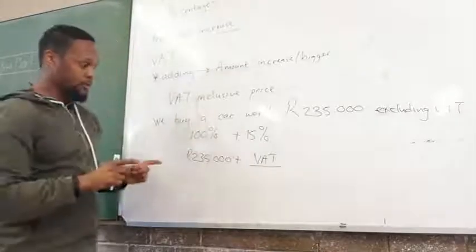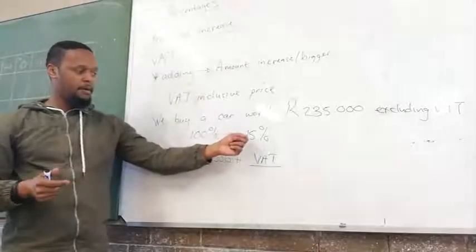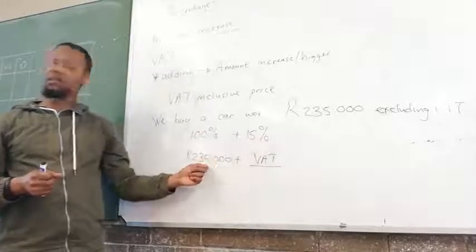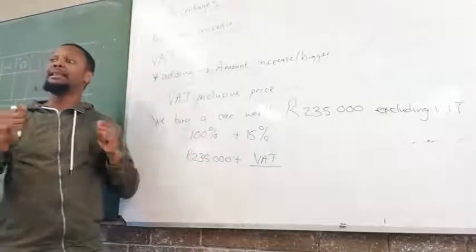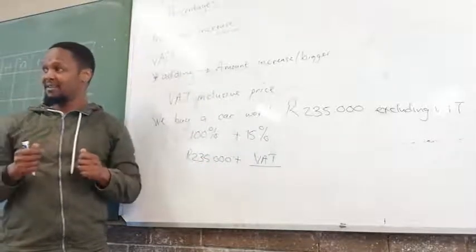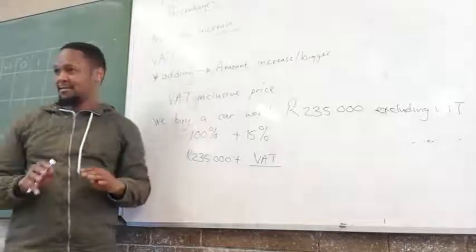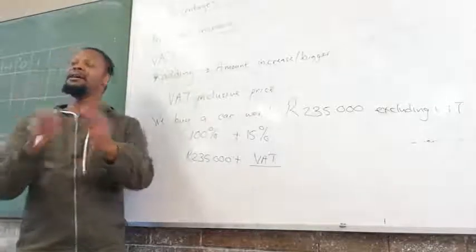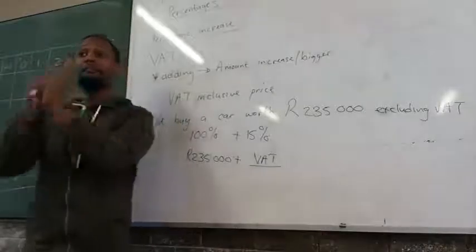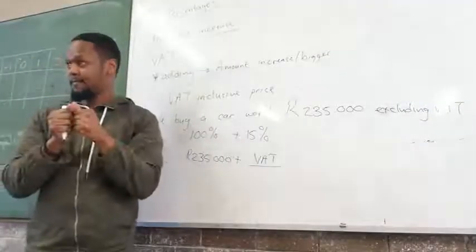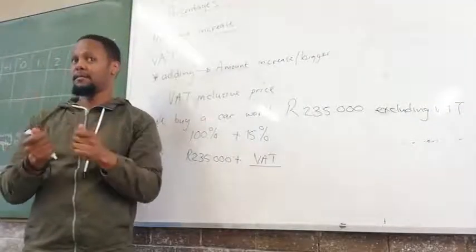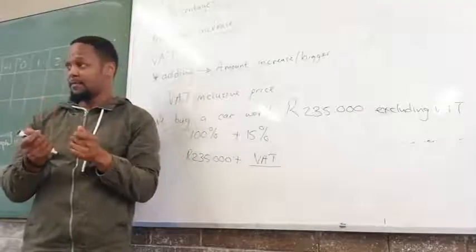Now, common misconception. People are going to say 15 plus 235. We can never, ever, ever add a percentage and money together. They are not the same thing. So we can never do that.